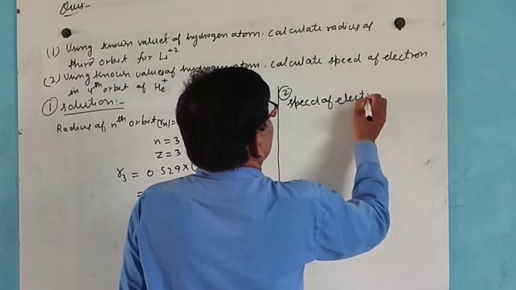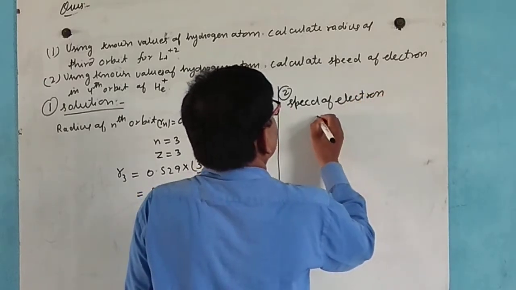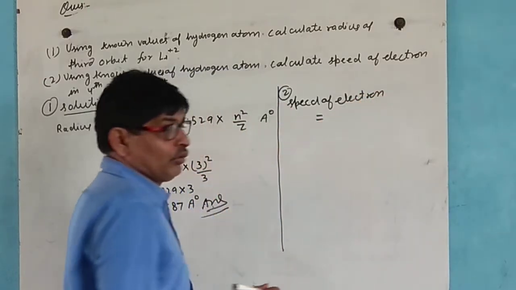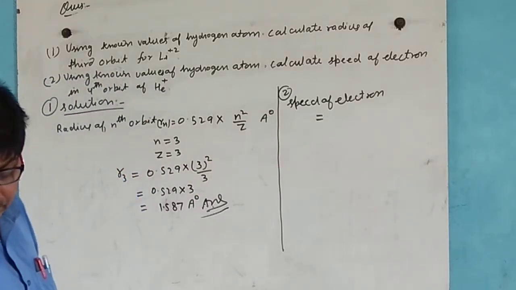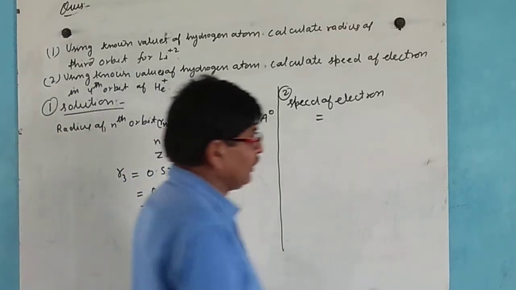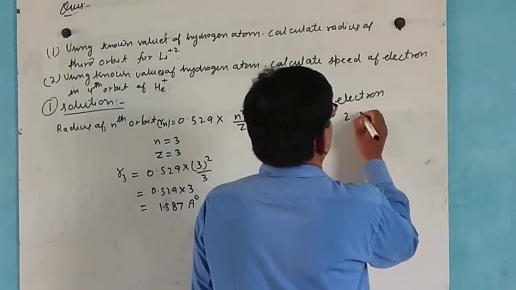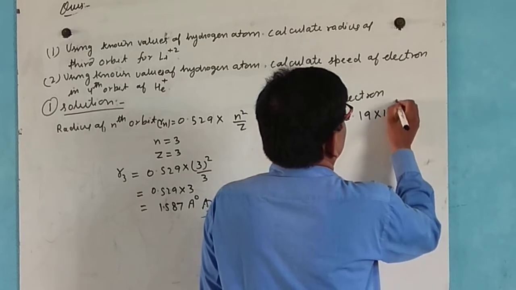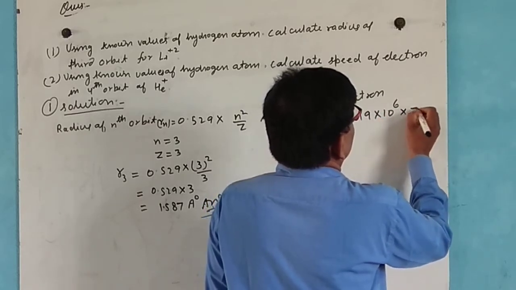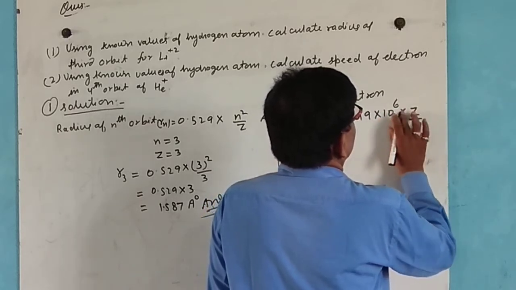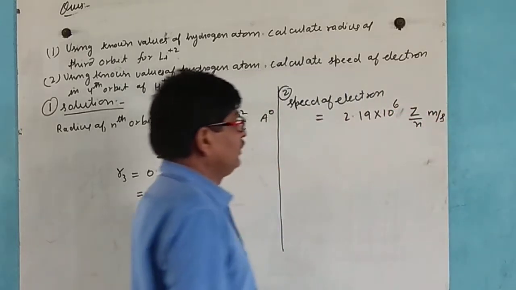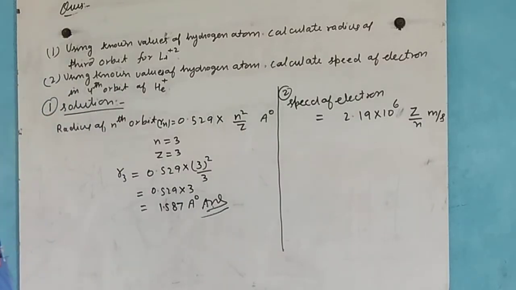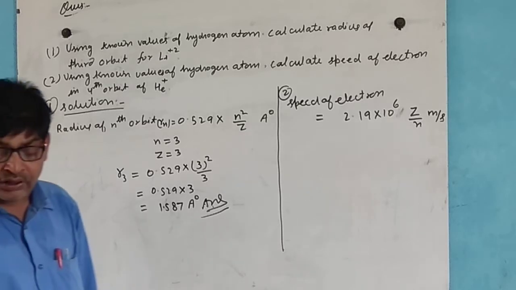Speed of electron equal to 2.19 into 10 to the power 6 into Z by n meter per second. This is the formula to calculate the speed of electrons.